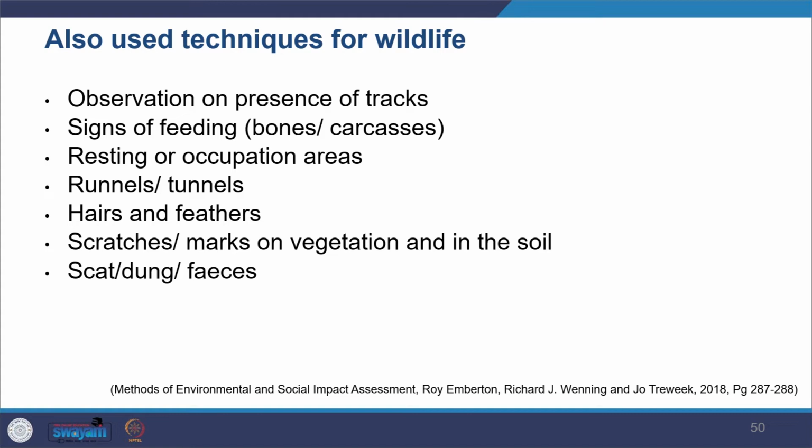You can also see resting or occupation areas, runnels, tunnels, hairs and feathers. You can also look for scratch marks on vegetation and in the soil, and scat and droppings can also be seen for finding out what varieties are there. You would also find a range of guides for this.